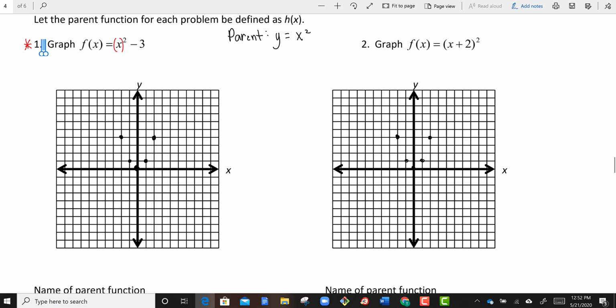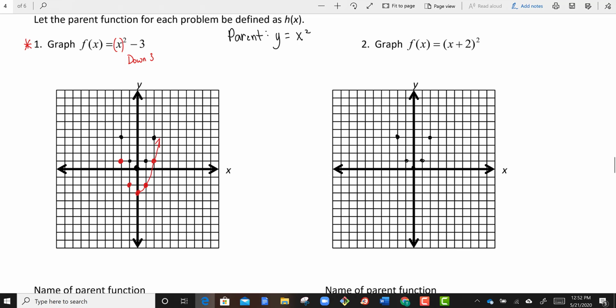So since it's on the outside, it's going to shift all of the parent function points down 3. So literally that's all I'm doing from these parent function points. I'm just counting down 3 instead of making a table of values.